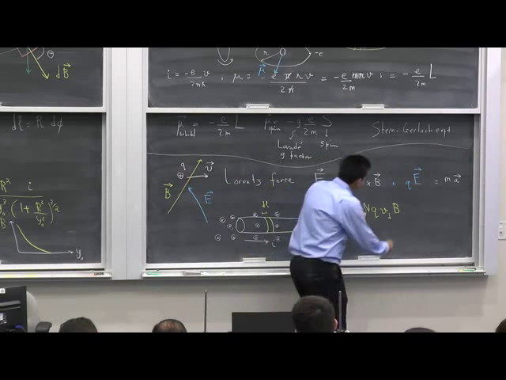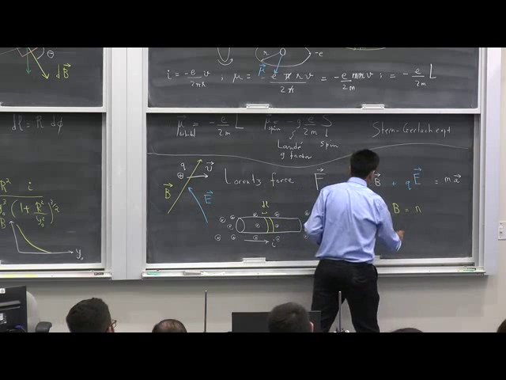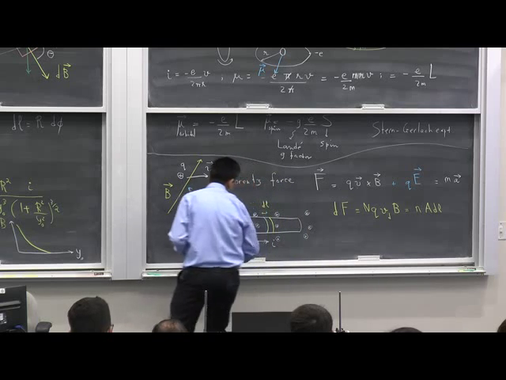Now, this capital N, you already know, is the number of charge carriers per unit volume into A dl, where A is the cross section of this wire.